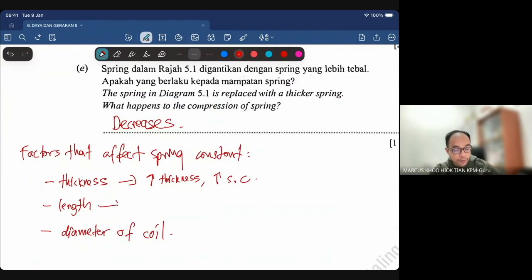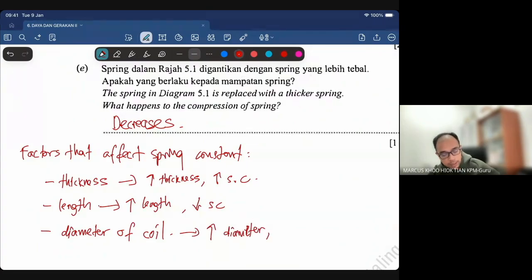A longer spring has a smaller spring constant, less stiff, as opposed to a shorter spring. A bigger coil diameter results in a bigger spring constant. Good notes to have at your side when reviewing this paper.